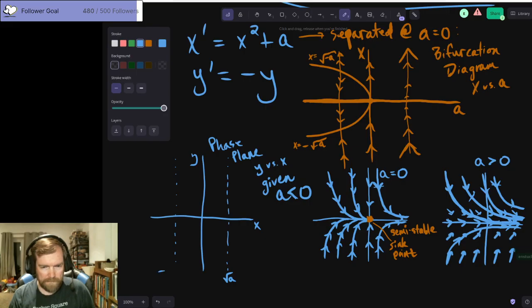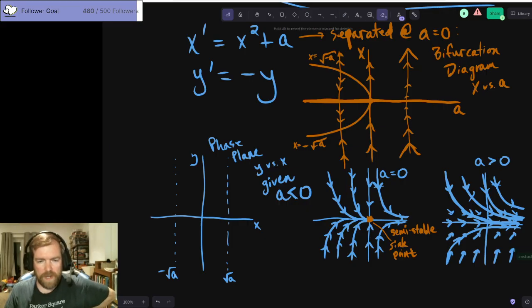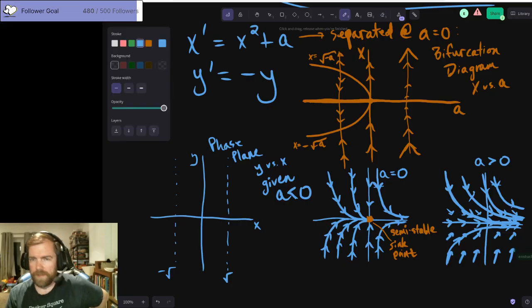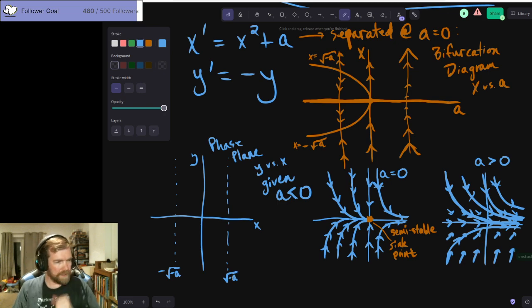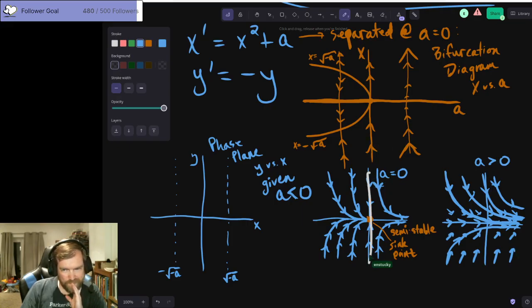Or movement toward the origin, or the axis? We're going to have no x movement. Right, negative square root of negative a and positive square root of negative a. True. Okay. x prime is 0, and so y prime is negative y. So yeah, we're going to have this sort of picture, but copied over on those lines. Yeah. So we're still going to have movement toward our x-axis.